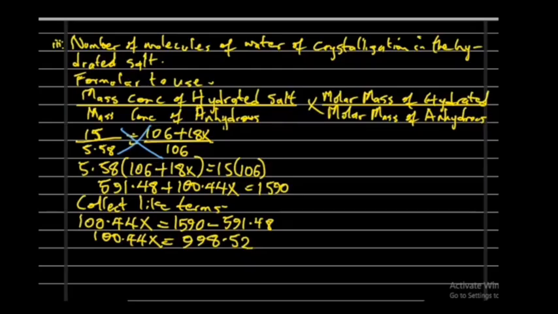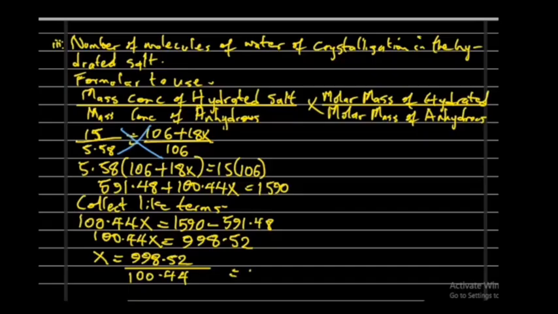So when we make x subject of the formula now, x equal 998.52 divided by 100.44, and that is going to give us this.